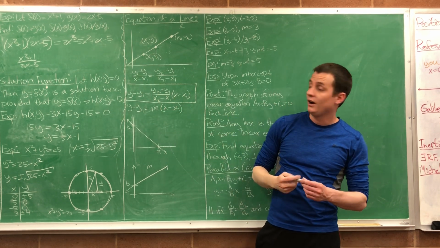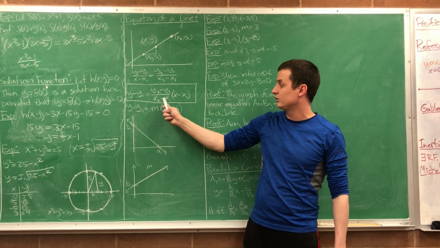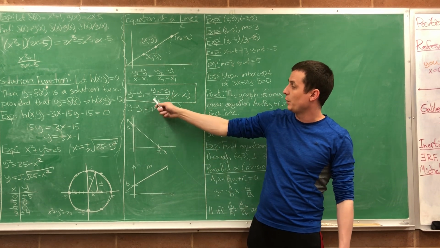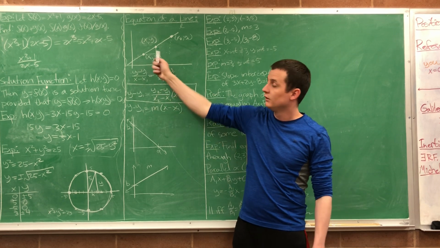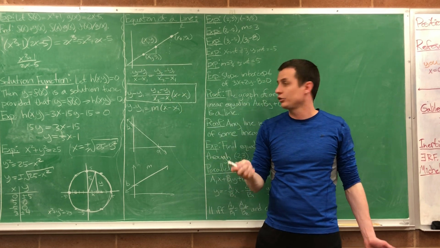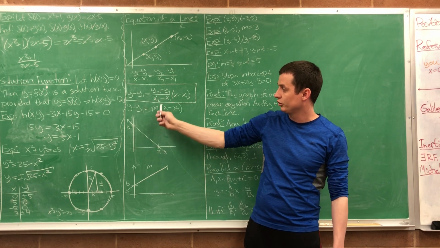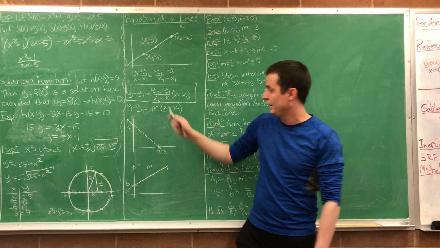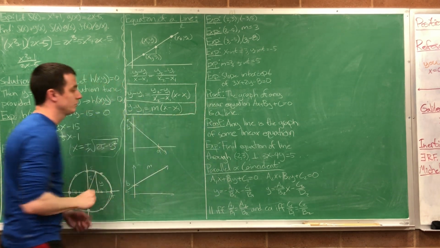Now, sometimes we have a variable for y2 minus y1 over x2 minus x1. That's the slope. Sometimes we just replace the slope with the variable m. So going from here to here, just replace that with m, and I get this equation of the line, which is called the point slope formula.